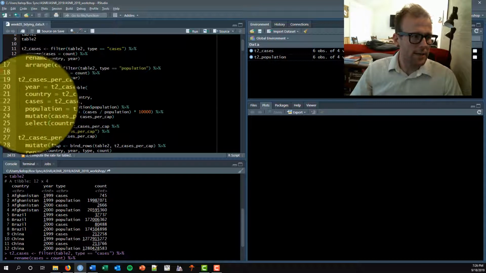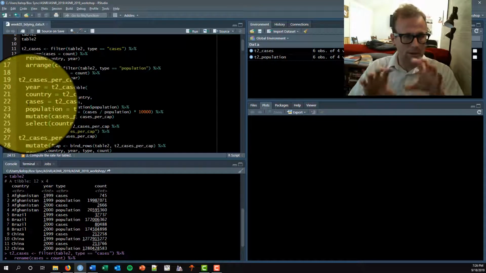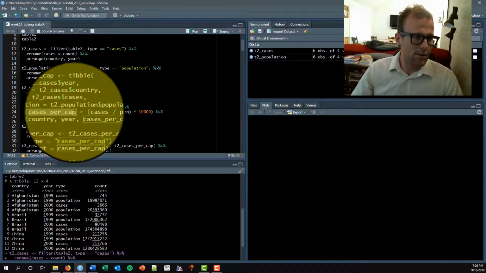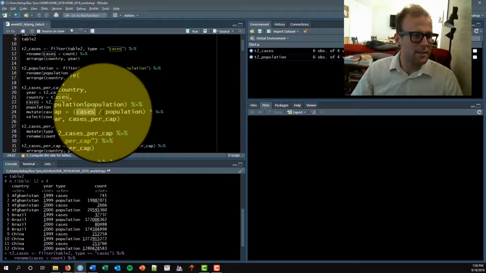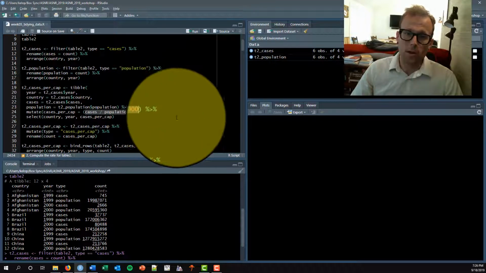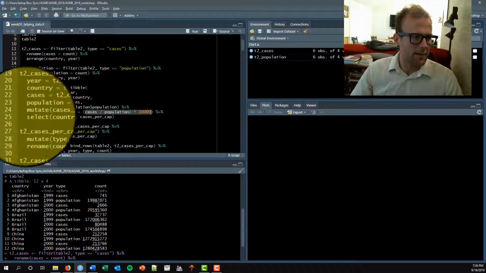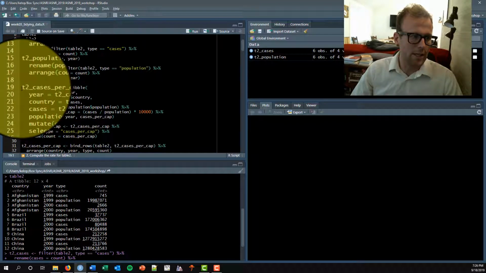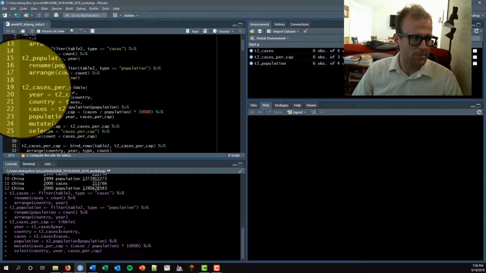And then once I have those 2 columns lined up side by side, I can use mutate to calculate the cases per capita as the number of cases divided by the total number in the population multiplied by 10,000. And then for the sake of cleanliness, we're going to select only those variables we really want to see in order to put that into the T2 cases per capita.